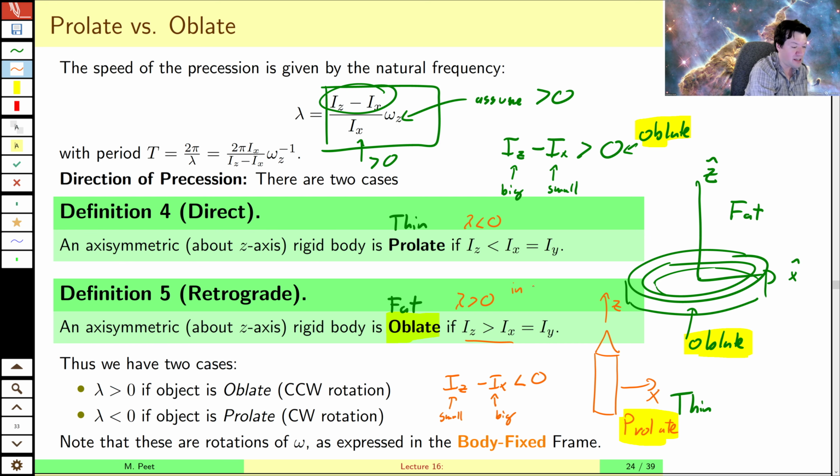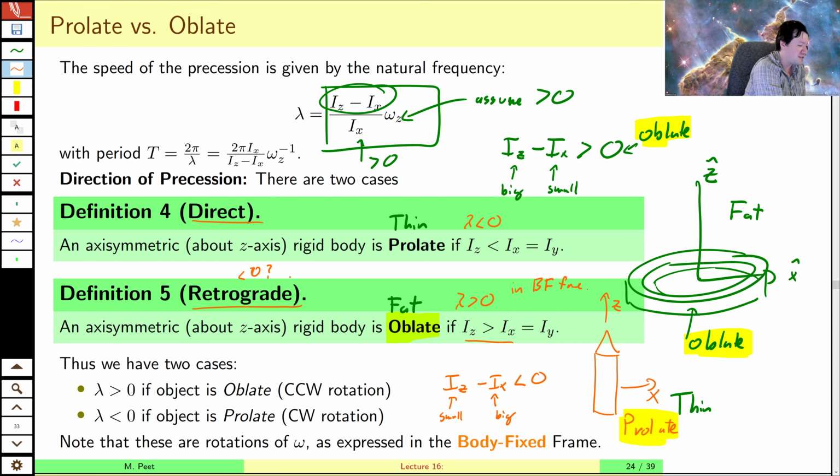But I mentioned in the body fixed frame. And why do I emphasize that? Because of these terms here, which are sometimes used. Retrograde would seem to mean negative, retro. And why is that? Well, that's because these velocity vectors are reversed when we look in the inertial frame.